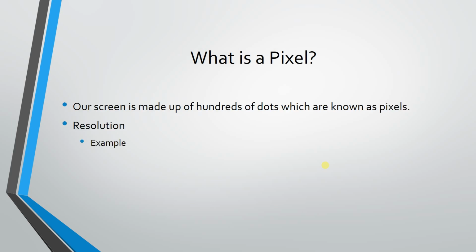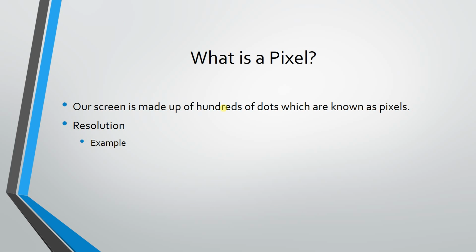Our next discussion will be on how graphics are made. As we know, our screen is made up of hundreds of dots. These dots are known as pixels or picture elements. By counting the number of pixels in vertical form and in horizontal form of the screen, we can determine the resolution of our screen.